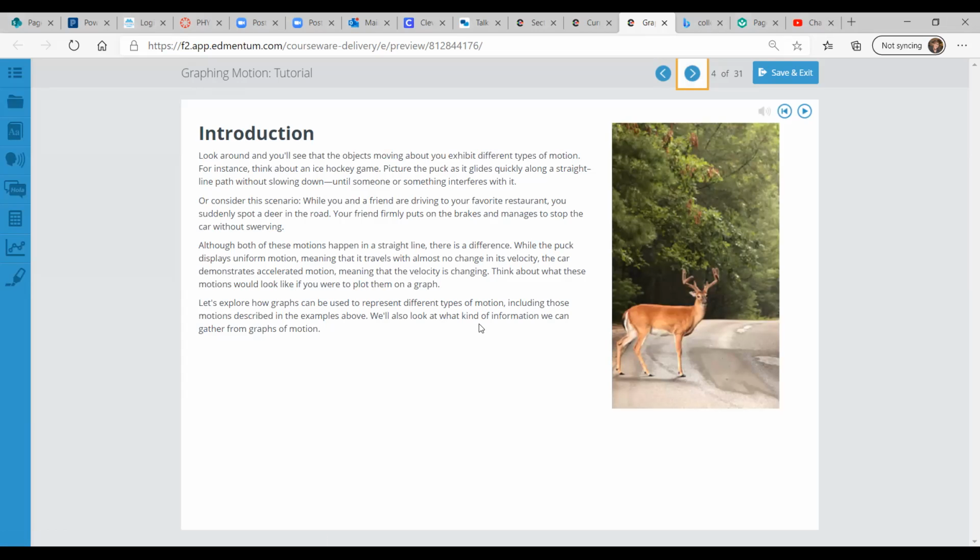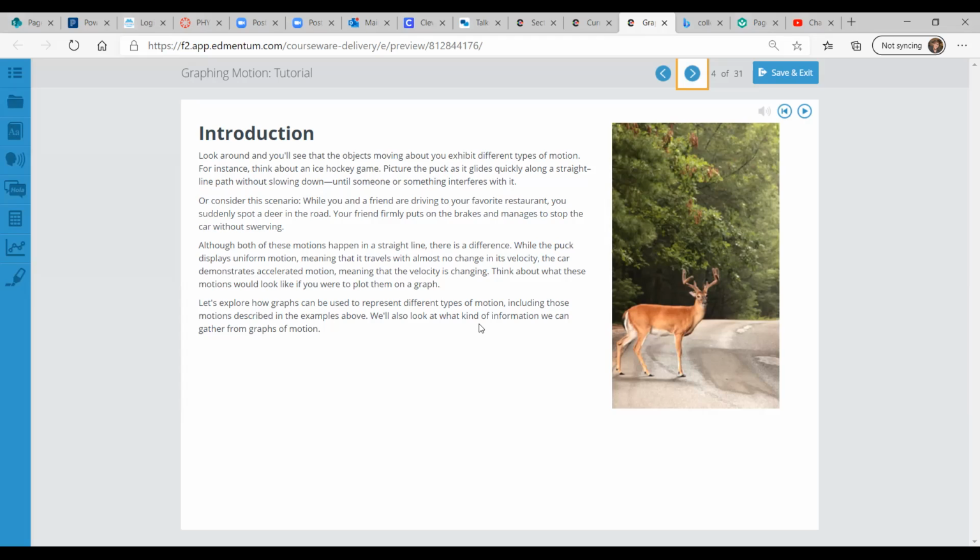So for the introduction, look around you and you'll see that objects moving about you exhibit all types of motion. In this example, think about an ice hockey game. Picture the puck as it glides along a straight line path without slowing down on the ice until someone or something interferes with it.